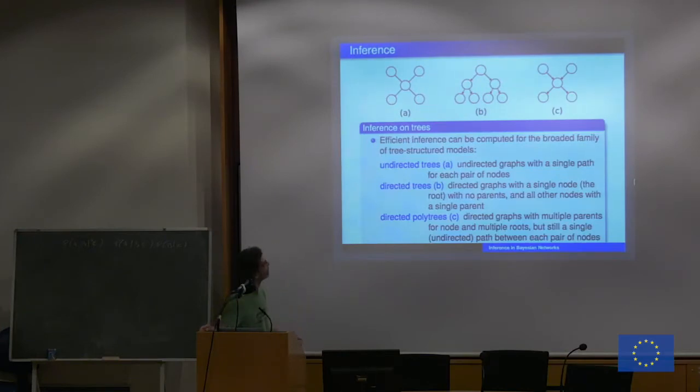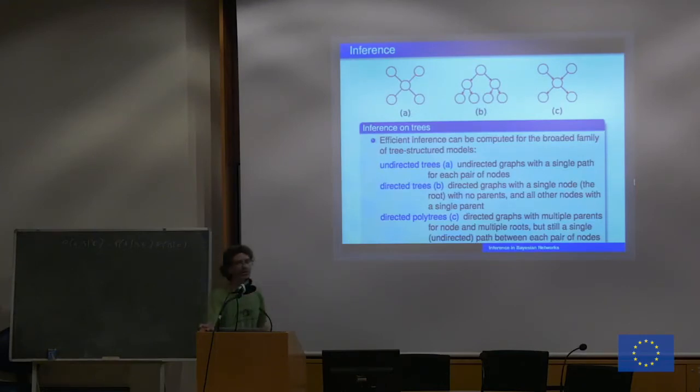So you can do efficient inference by this message propagation on directed trees, where there is just one root with no parents and all nodes have a single parent. Polytrees, in which you can have multiple roots and nodes with multiple parents, but there is only one directed path between each pair of nodes. So if I plug another arrow here, this is not a polytree.